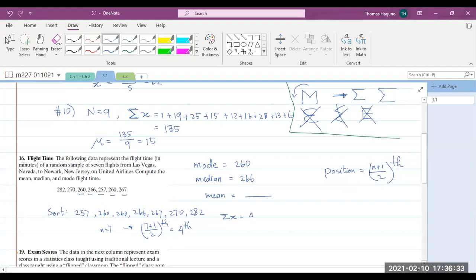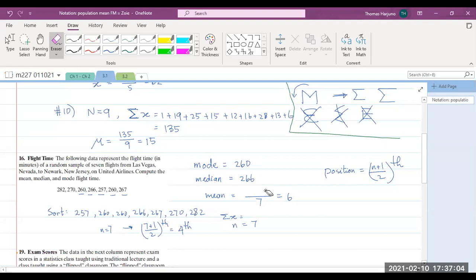That's 4,862, while n is 7. So this is 4862 over 7. Hold on. I typed something wrong. My bad. It won't be 4,000 something. This is so wrong. Okay, let me do it again.